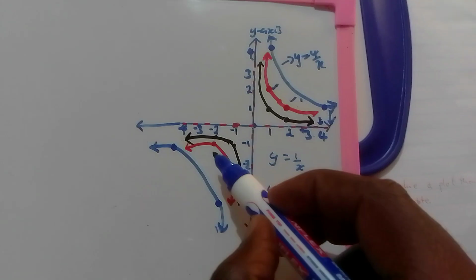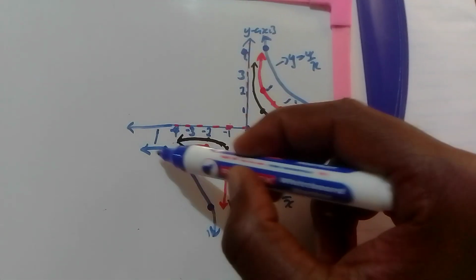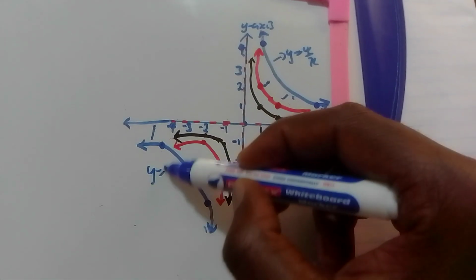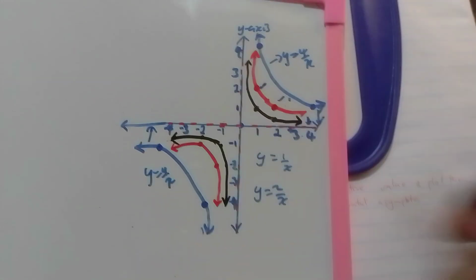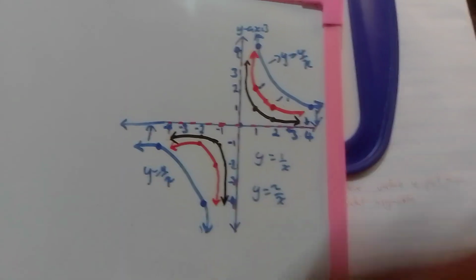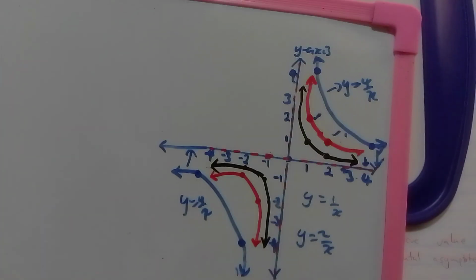Even if I come to the third quadrant, you can see that there is a bigger gap between this graph of y equals 4 over x and these other two graphs, right? All right. So I hope that makes sense.